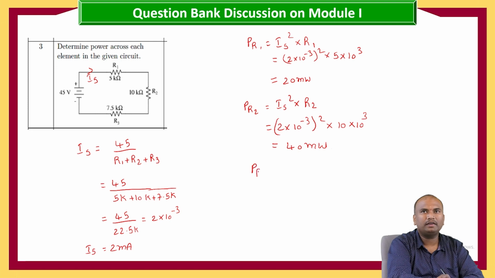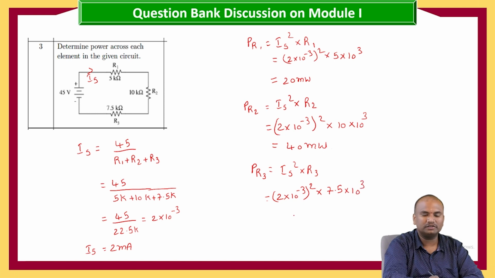And PR3 is equal to Is square into R3, that is 2 into 10 to the power of minus 3 whole square into 7.5 into 10 cube, which is equal to 30 milliwatts.